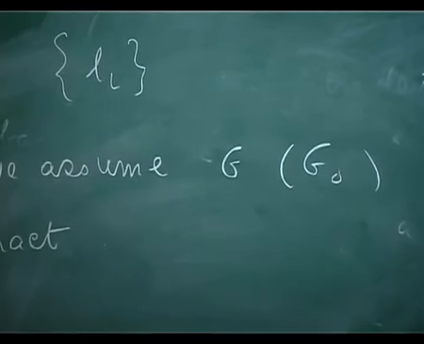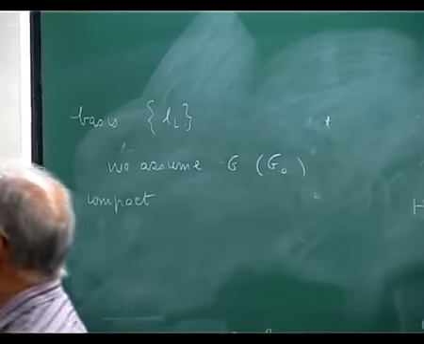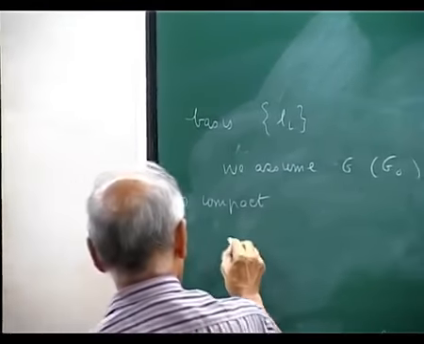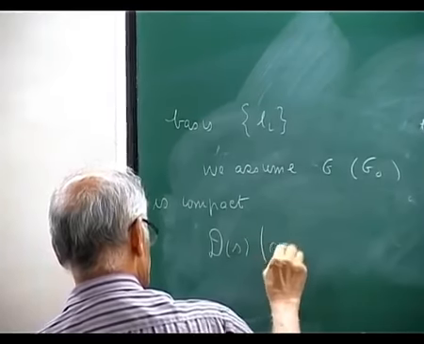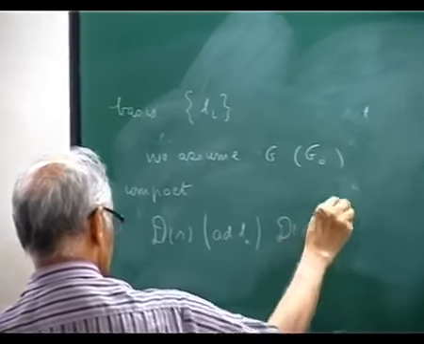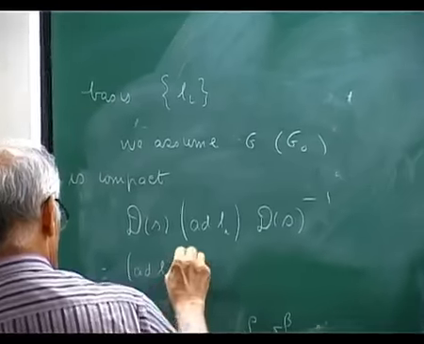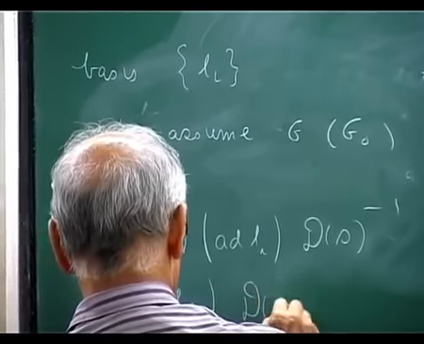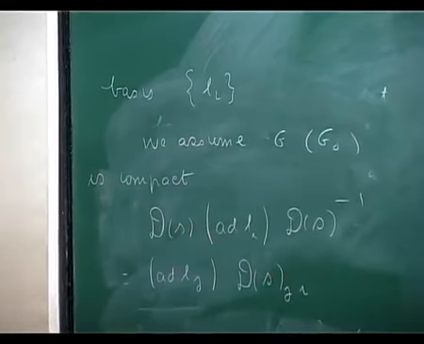Then D(s) is a representation. So what I got is D(s) in the adjoint representation, Ad L_i, D(s) inverse is Ad L_j times D(s)_ji.